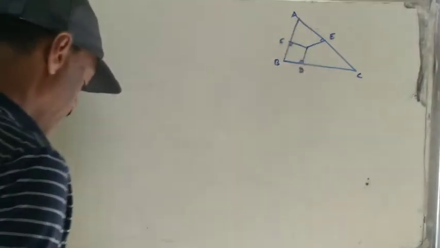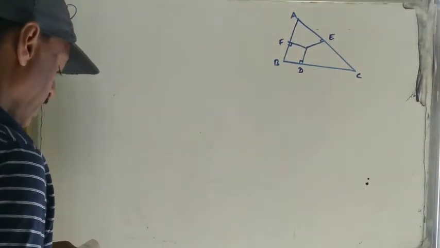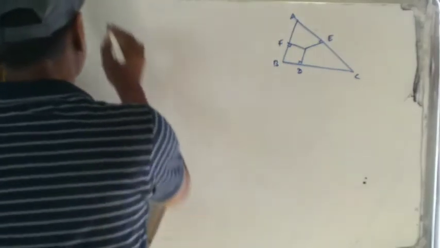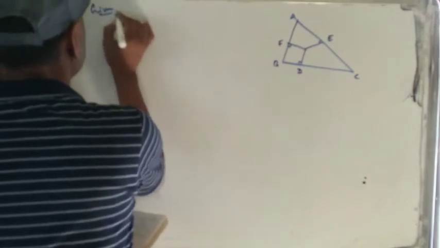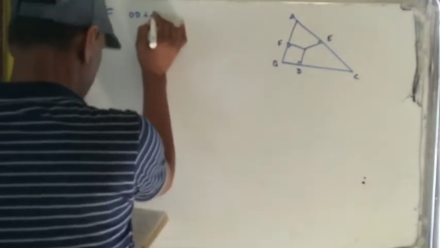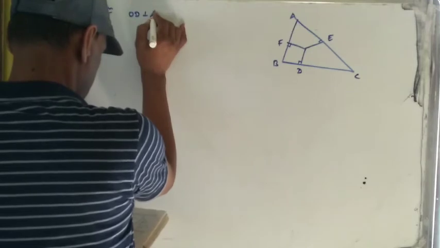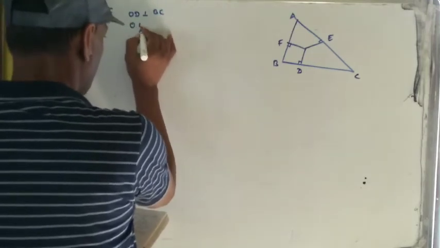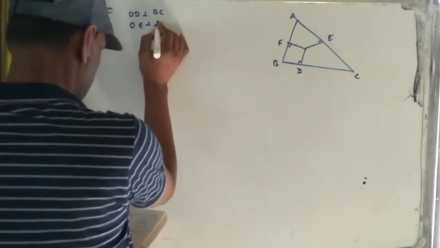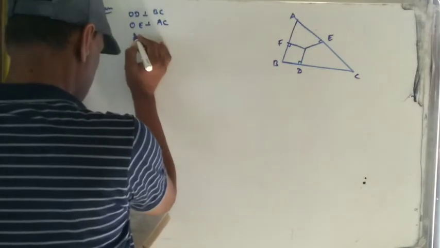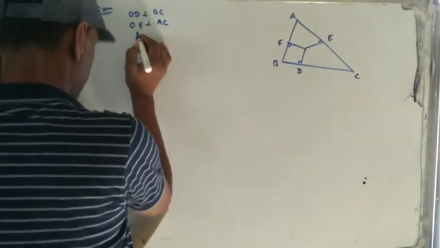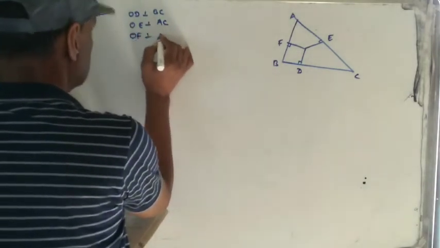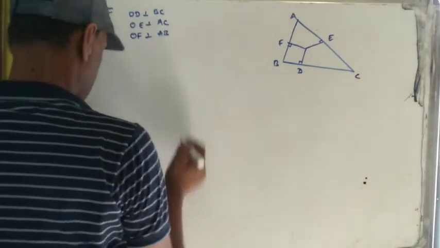The question is: given OD perpendicular to BC, OE perpendicular to AC, and OF perpendicular to AB.